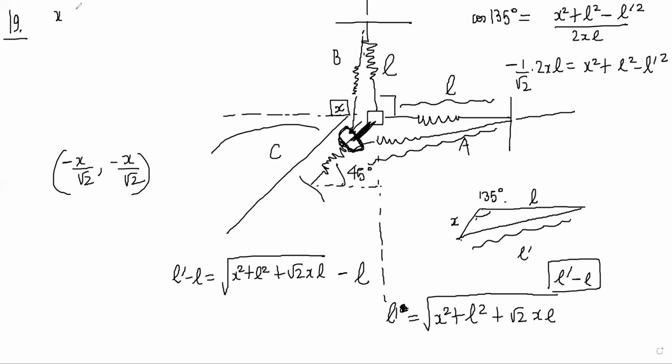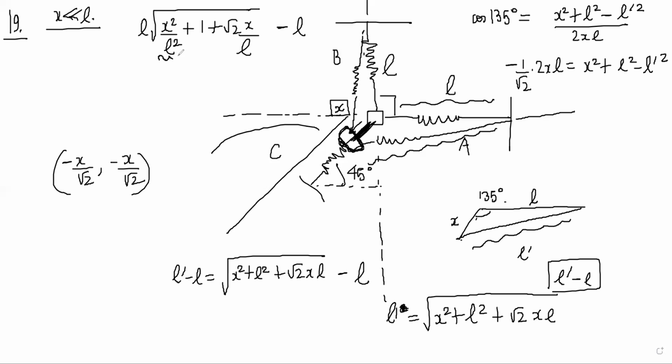You know that x is less than L. He said small displacement, right? So I can take L square common outside, and it becomes L into root of x square by L square plus 1 plus root 2 x by L, minus L. This is my delta x.